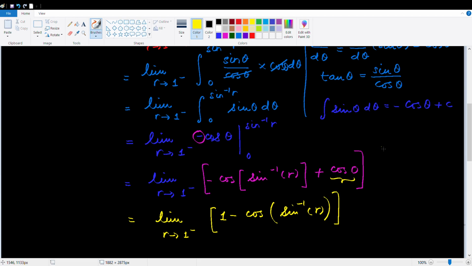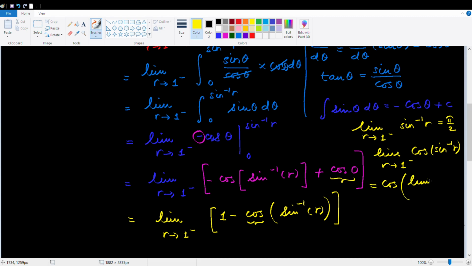Alright. Now let me see. The limit r tends to 1 from minus of sine inverse r is equal to pi by 2. And since the cosine function is continuous, we can write the limit r tends to 1 from minus of cosine of sine inverse r as cosine of the limit r tends to 1 from minus of sine inverse r.